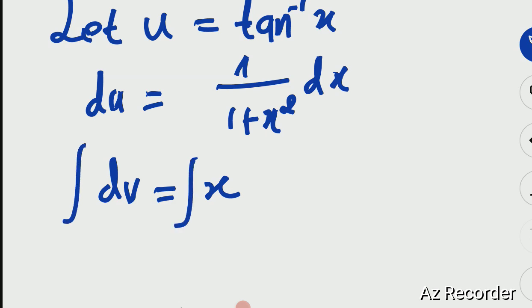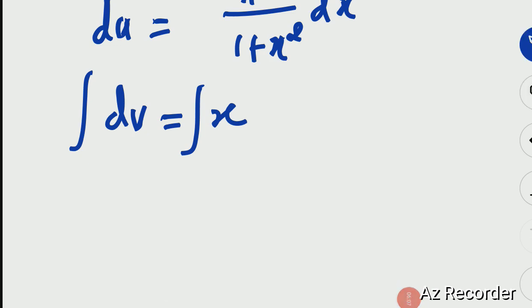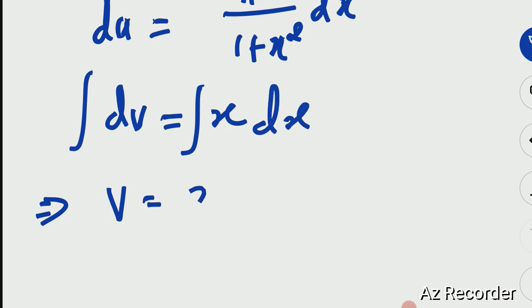Integrating both sides, this implies that when you integrate dv, we have v. When you integrate x with respect to x, we are going to have x squared over 2 plus a constant c, because limits were not given.